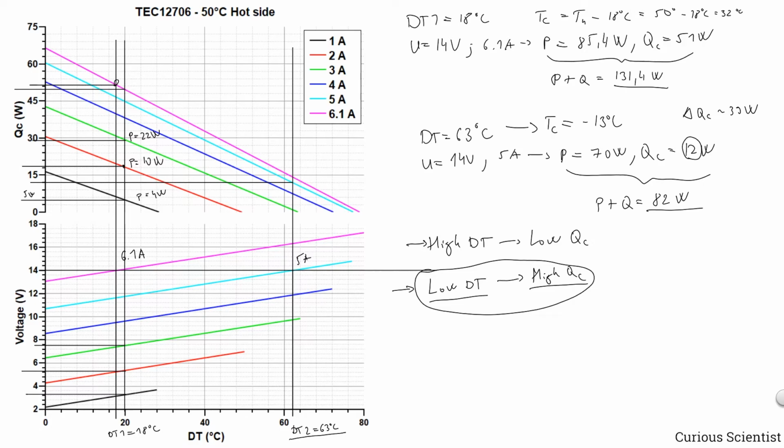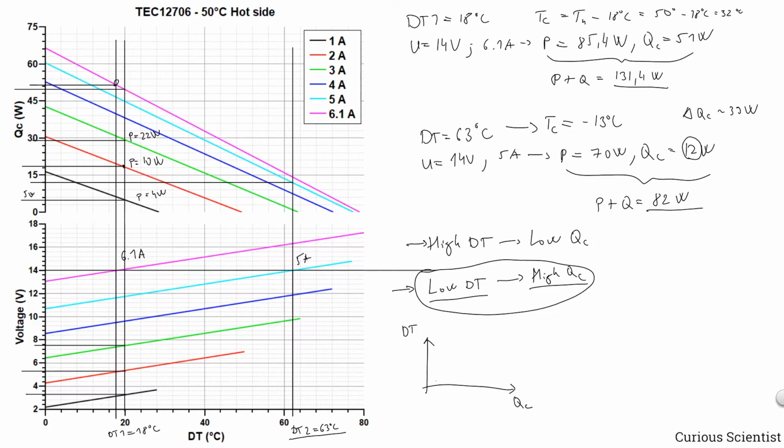So then, of course, the DT becomes more and more difficult to maintain. So let me try to draw this. So here you want to have a QC, and here you have to have a DT. And this is not the same chart as here. This is just some arbitrary chart.